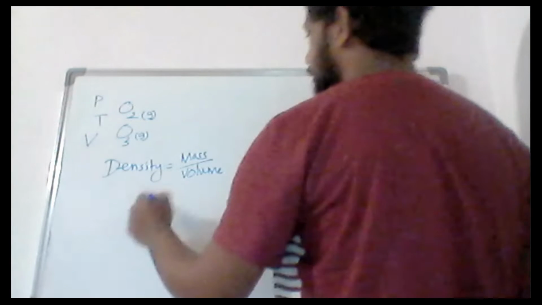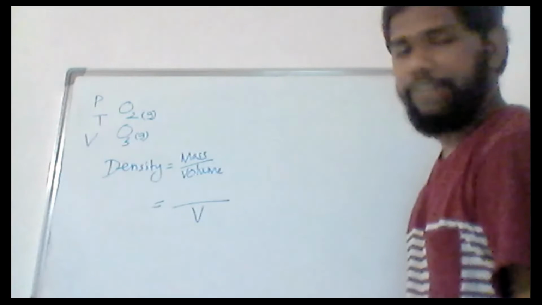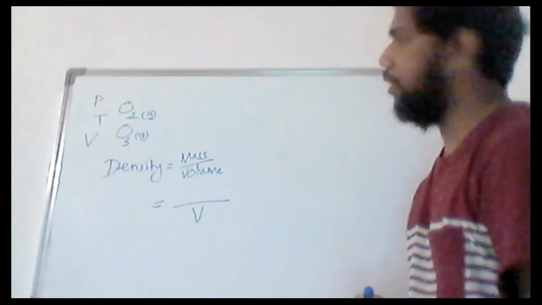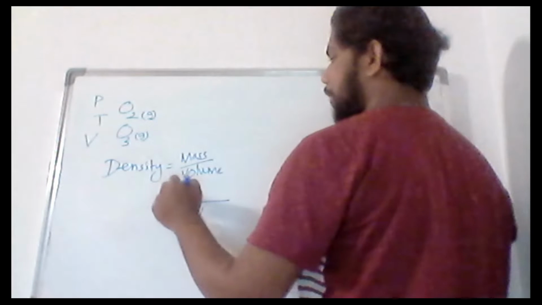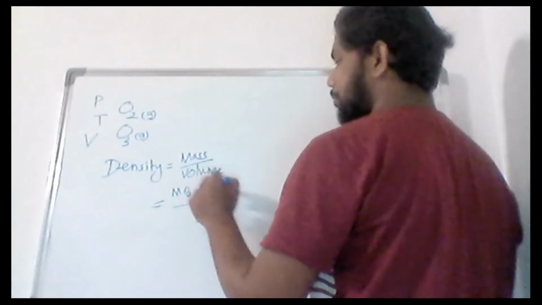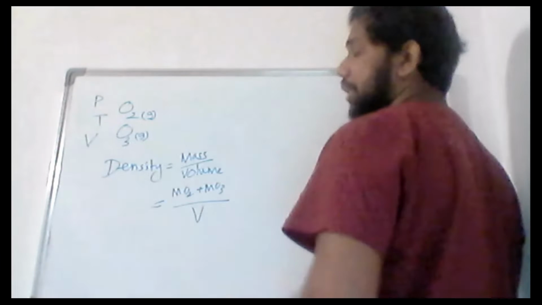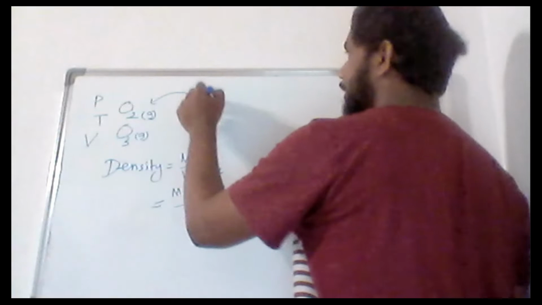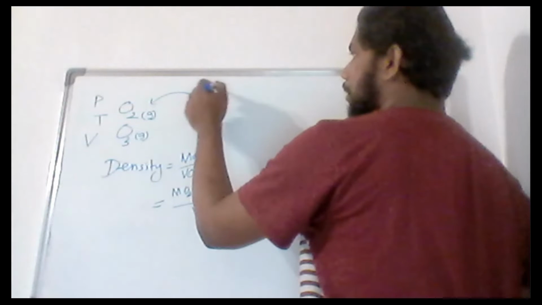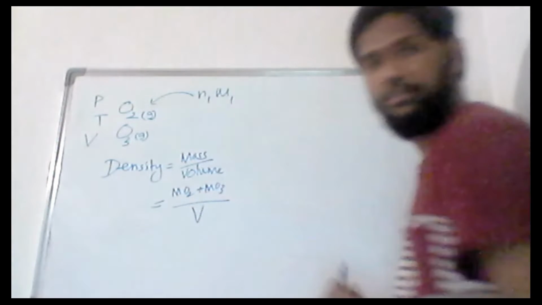So volume is given, that is V. So in the fraction, you need to have V. On top, we have to have mass of oxygen plus mass of O3 because we have these two. But how to get the mass of these two? They have given for oxygen it is N1 and the molar mass is M1.